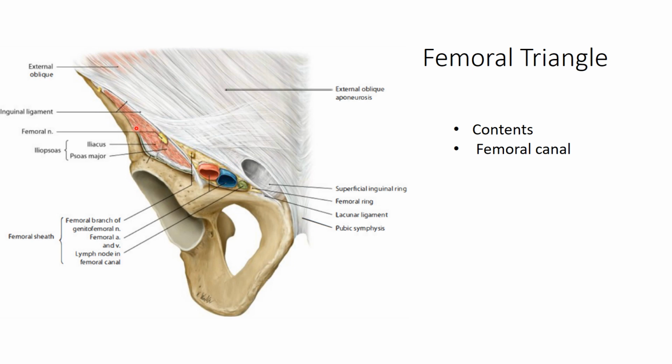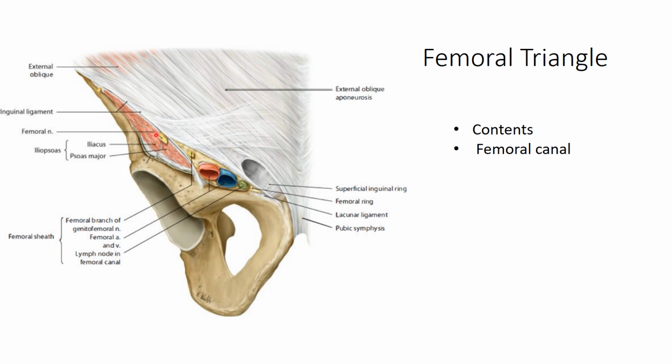Here it is also evident how the femoral nerve passes between the gap between these two muscles, iliacus lying laterally and psoas major lying medially. Between these two, the femoral nerve passes into this femoral triangle.